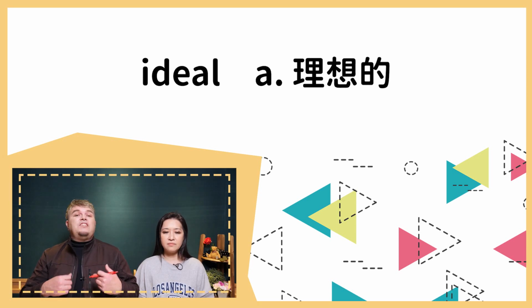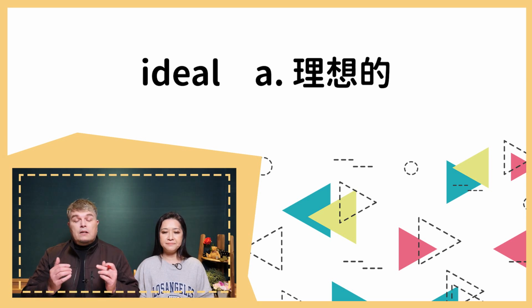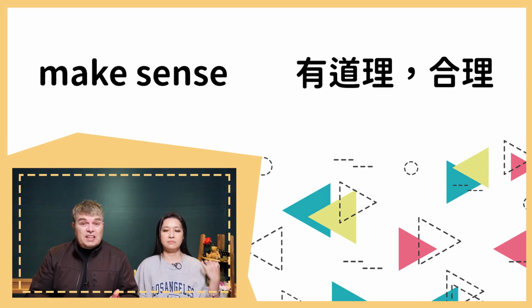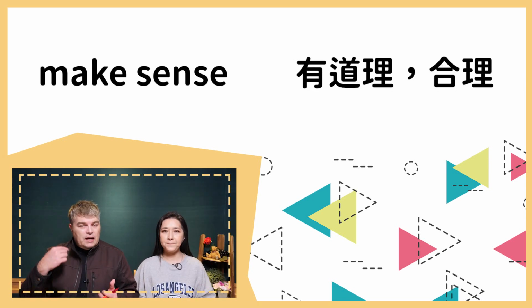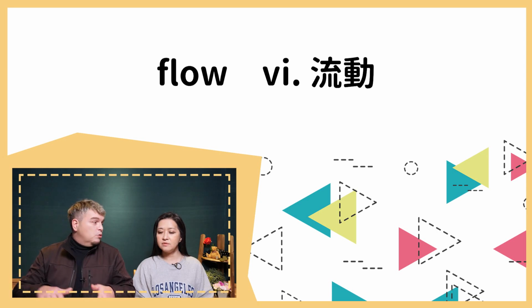Also, the ideal of something means that the best part, the best way to do something. For something to make sense, that means this is something I can understand. My brain, I understand this. It makes sense. We also learned the word flow. Well, the word flow can be a noun or a verb, like the way a river flows.